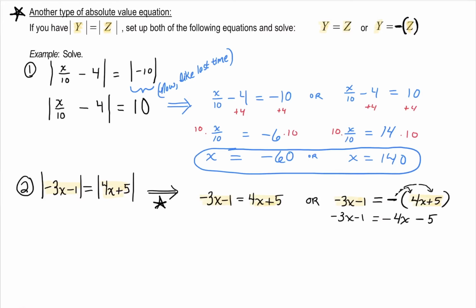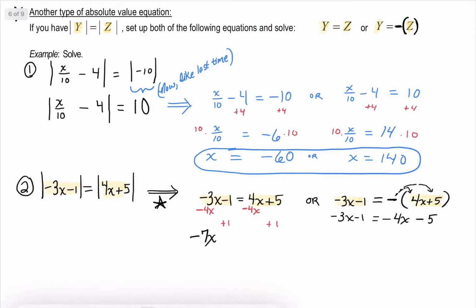All right, in solving the first equation, it's up to you. If you like the idea of getting the 4x on the left, you can subtract your 4x, which gives you the negative 7x on the left. At the same time, you can also add 1 to the right-hand side.